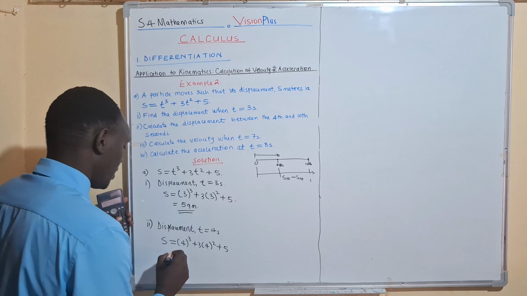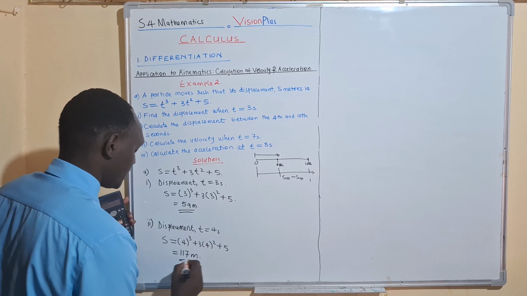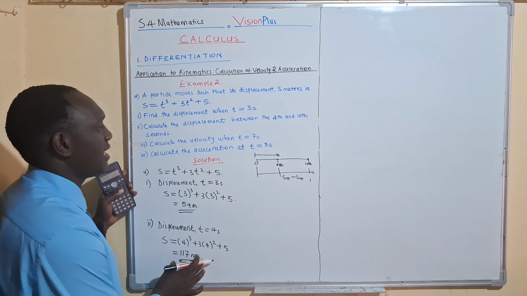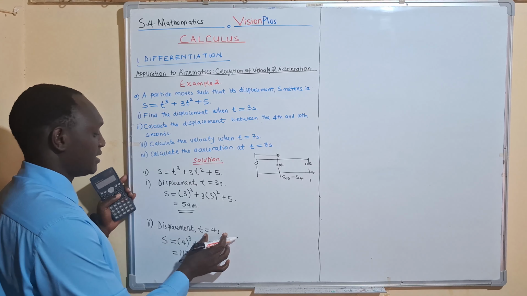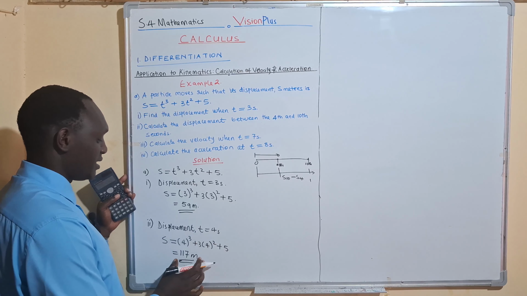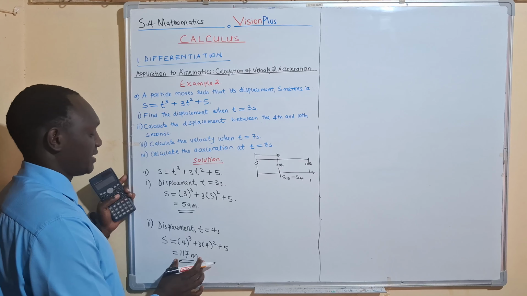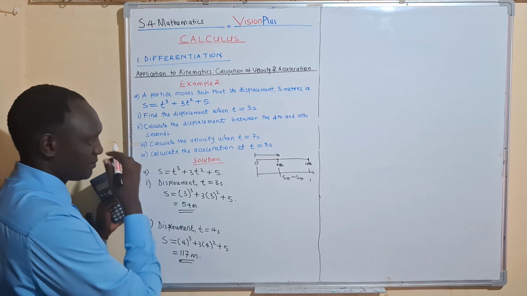Just substitute t as 4 wherever you find t, then simplify. I'm getting 117 meters. This means that after 4 seconds from the starting point, the particle had a displacement of 117 meters.